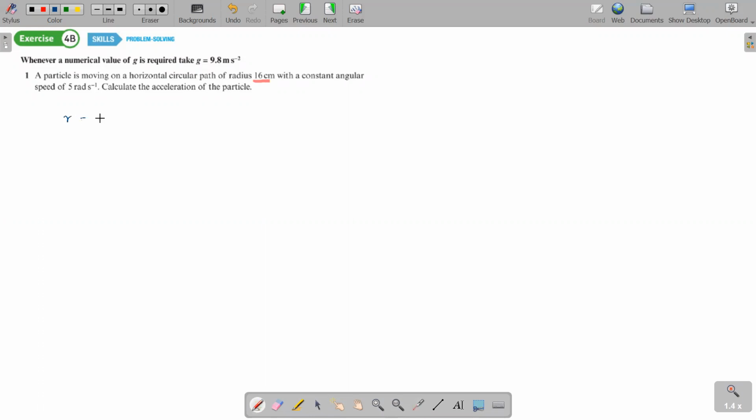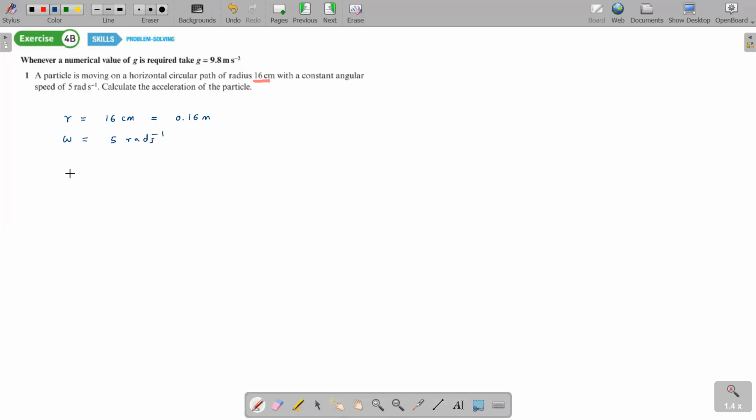So your radius is 16 centimeters, or 0.16 meters, and the constant angular speed omega is 5 radians per second. Calculate the acceleration of the particle.